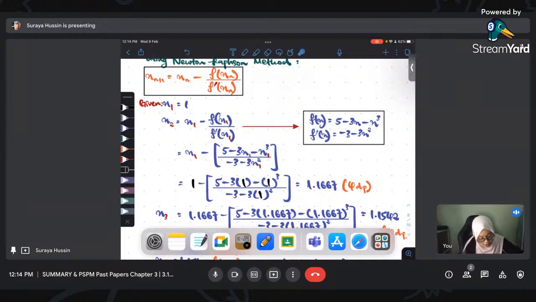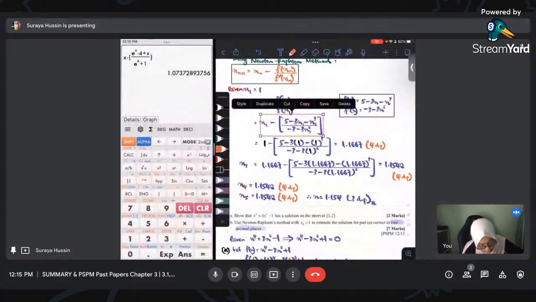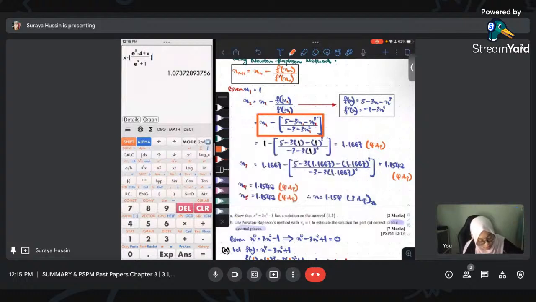What I said earlier, this is compulsory to write. The equation is important to write to get marks. I repeat, to get marks, write it down. I'm telling you now so that you won't lose any marks.